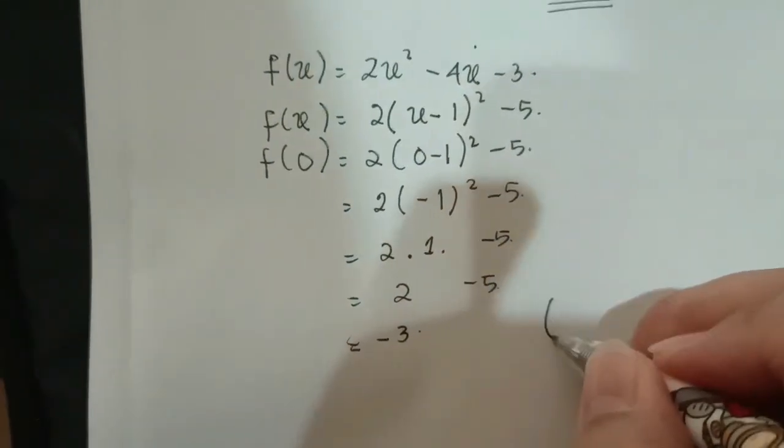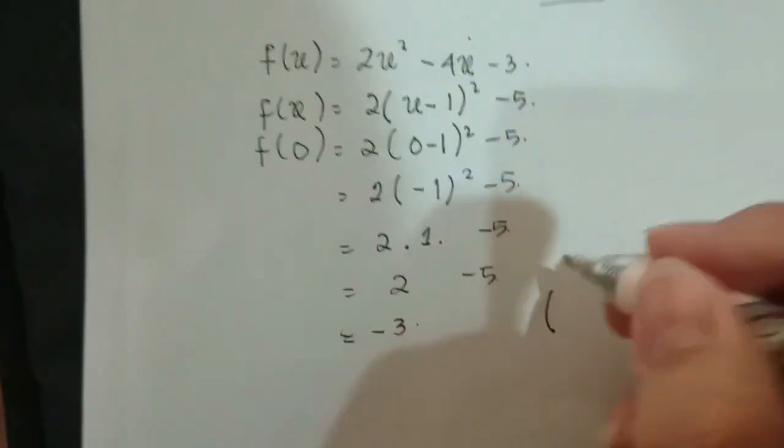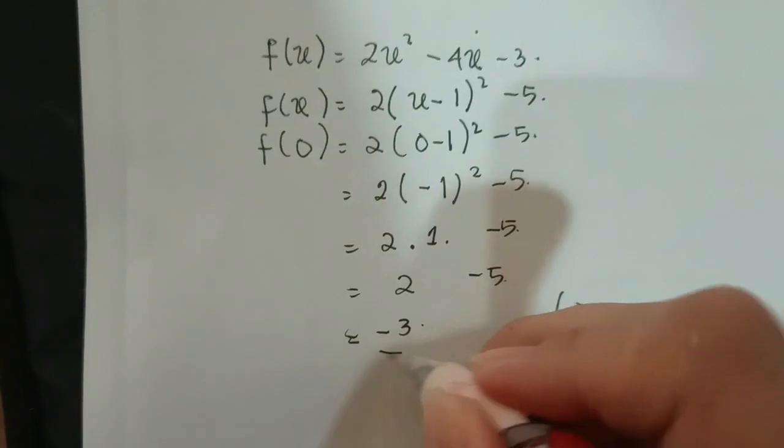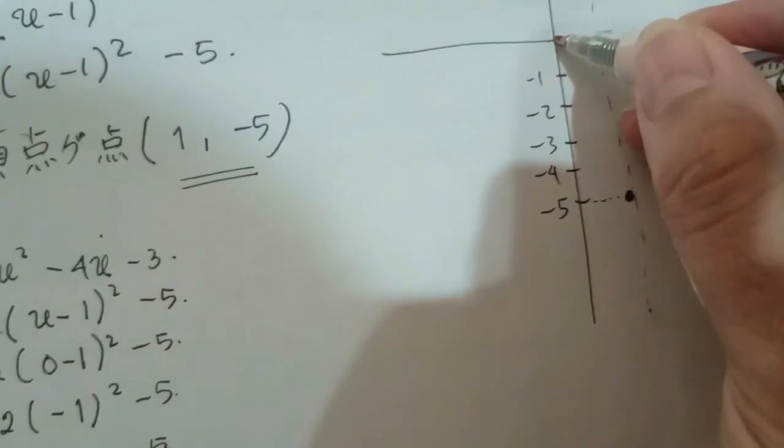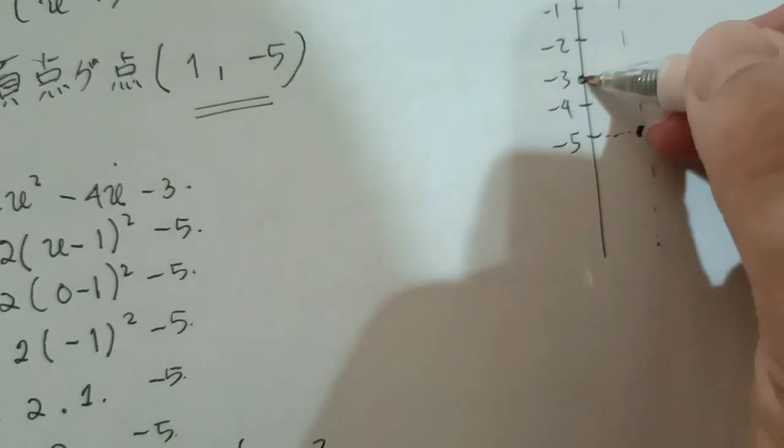So the coordinate will be x is 0, the y is minus 3.